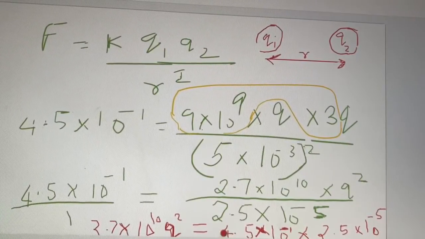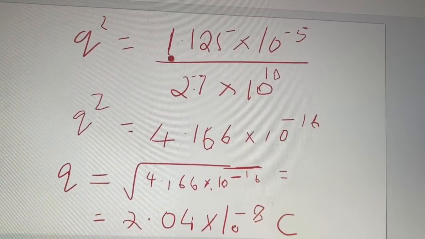First we'll multiply these numbers, 4.5 times 10 to the power minus 1 times 2.5 times 10 to the power minus 5, and whatever is the answer, we'll divide that by 2.7 times 10 to the power 10. When we multiplied it, we got 1.125 times 10 to the power minus 5 divided by 2.7 times 10 to the power 10, and this will be equal to q square.